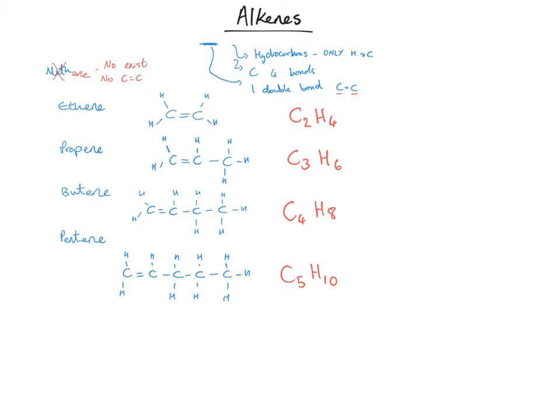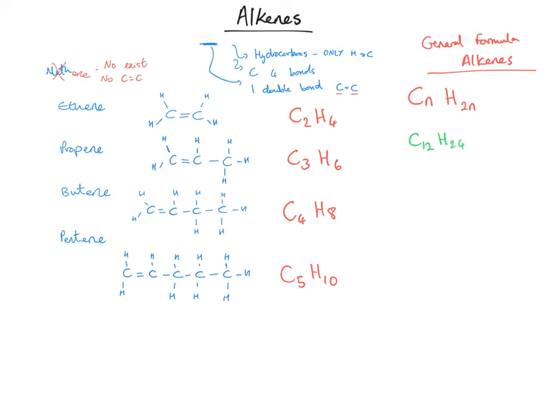So just like before, we can come up with a general formula for alkenes. Okay, so can you work out what this is? If I have n number of carbons, how many hydrogens do I have? Well, to turn 2 into 4, I double it. 3 to 6, double it. 4 to 8, double it. So if I have n number of carbons, I have 2n number of hydrogens. So for example, if I've got 12 carbons, I will have 24 hydrogens.